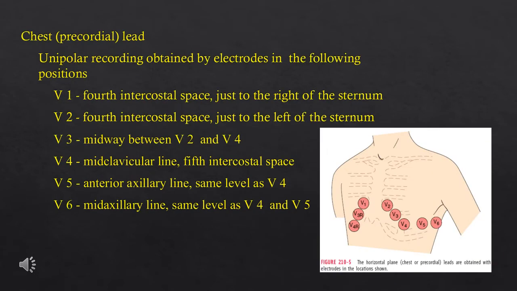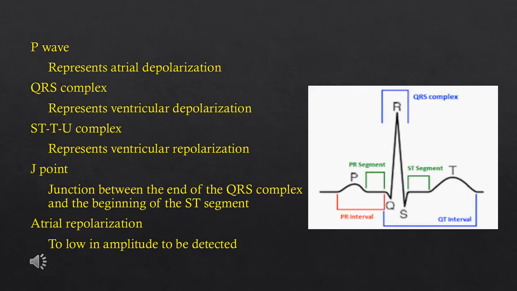Chest leads are also known as precordial leads. This is a unipolar recording obtained by electrodes in the horizontal plane. These are the graphic representation of your ECG, in which the P wave represents atrial depolarization, the QRS complex represents ventricular depolarization, the ST-T-U complex represents ventricular repolarization, and the J point is the junction between the end of the QRS complex and the beginning of the ST segment.